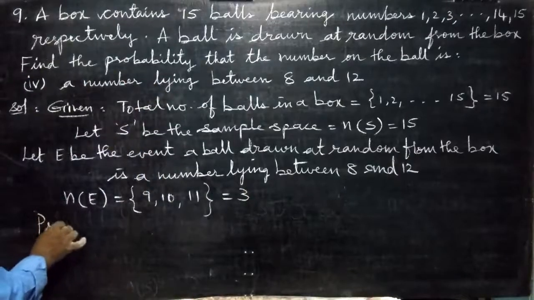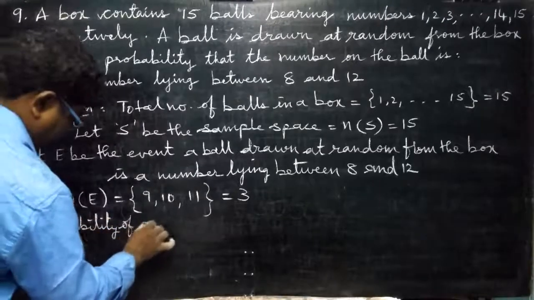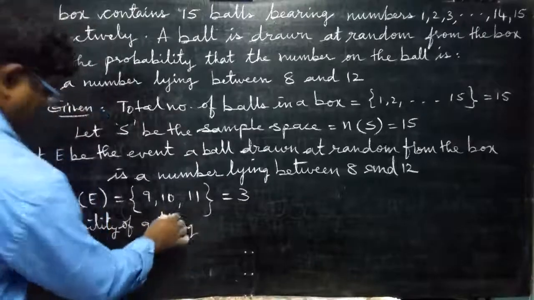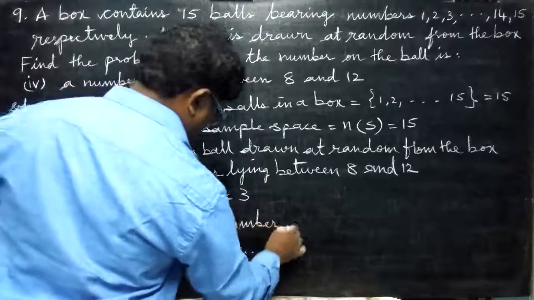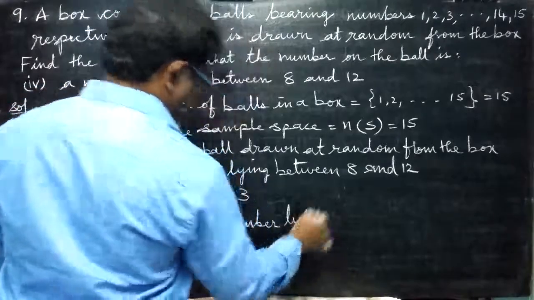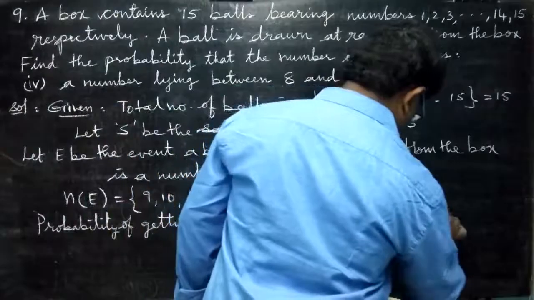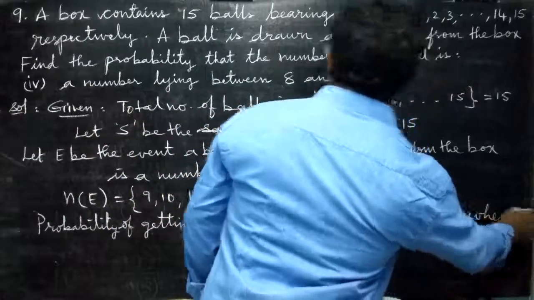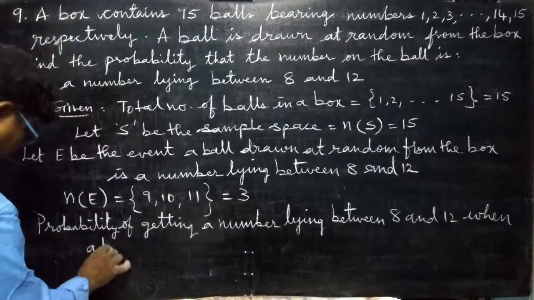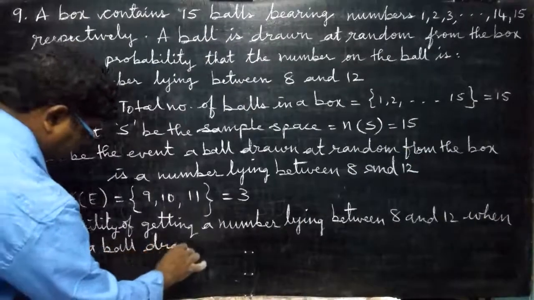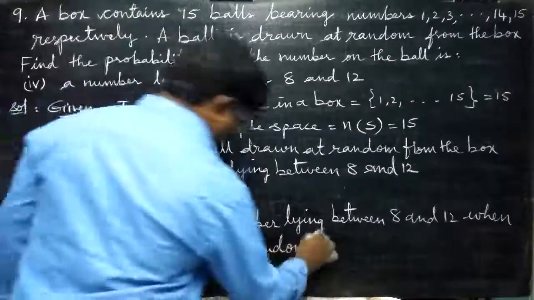Now they are asking to find the probability of getting a ball, a number lying between 8 and 12, when a ball is drawn at random from the box.